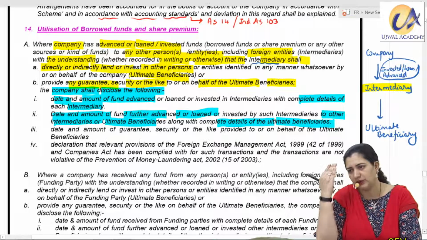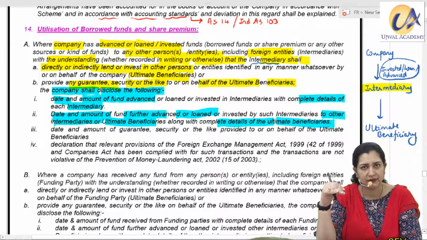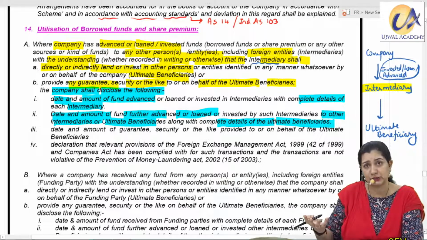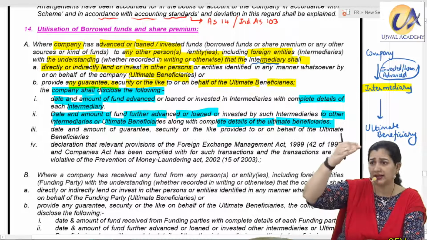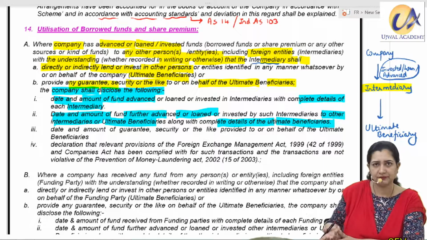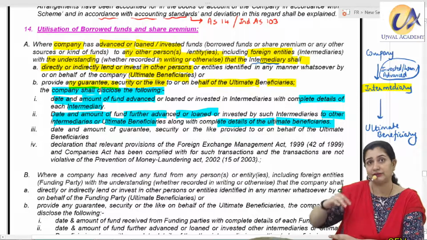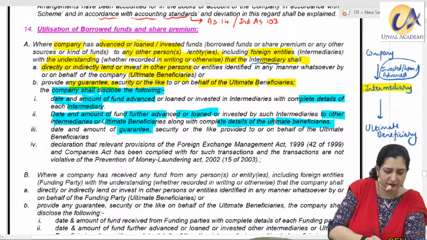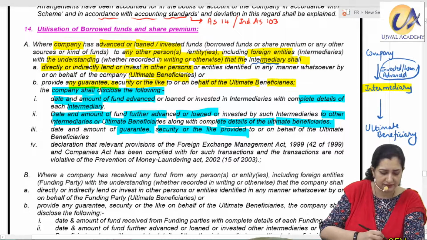See, I told you the company has put money in the intermediary and the intermediary is putting it in an ultimate beneficiary. There can be multiple intermediaries also. So A is giving to B, B is giving to C, C is giving to D. Possible, no? So we have to give all the details of even those intermediaries and who is the ultimate beneficiary. Then the guarantee, we have to give the amount, security, whatever is given.